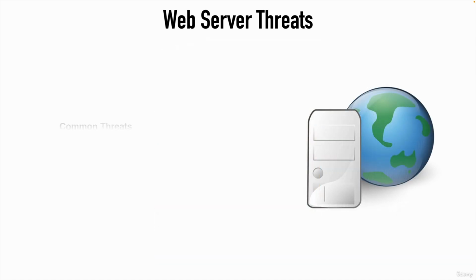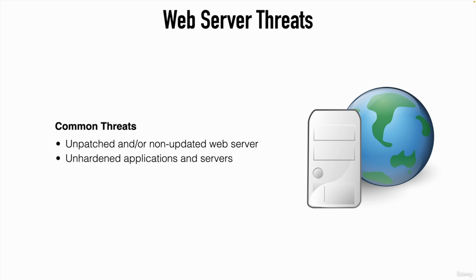Some common threats, which you're probably not surprised to see listed here, start with unpatched and/or non-updated web servers. If we don't update those with the latest patching or software, then they're obviously vulnerable. Also, running unhardened applications and unhardened servers as the underlying infrastructure can allow threats to emerge against a web server.